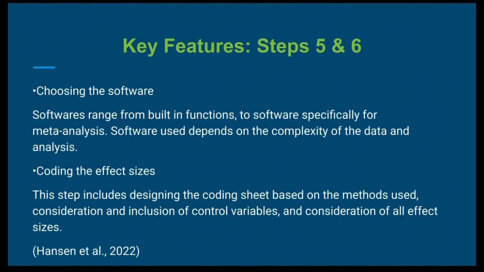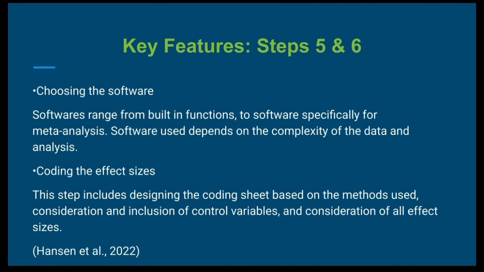So step 5 of conducting a meta-analysis is to decide on what software will be used for the analysis itself. Researchers need to take into account the complexities of the methodologies they're using, the data itself, and of course what the software that they use can do. For example, I have used SPSS in the past for statistical analysis, but there are also softwares that are specifically for meta-analyses.